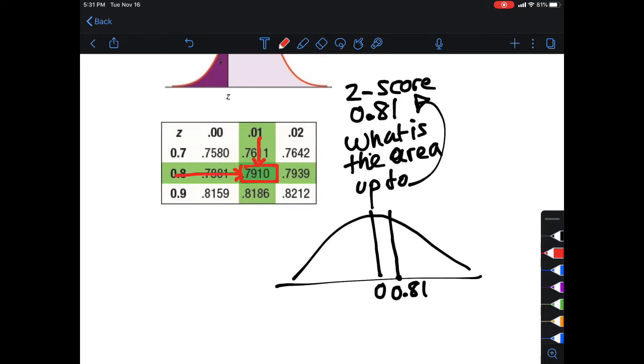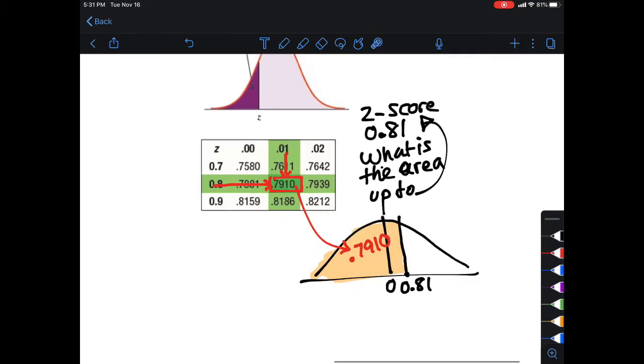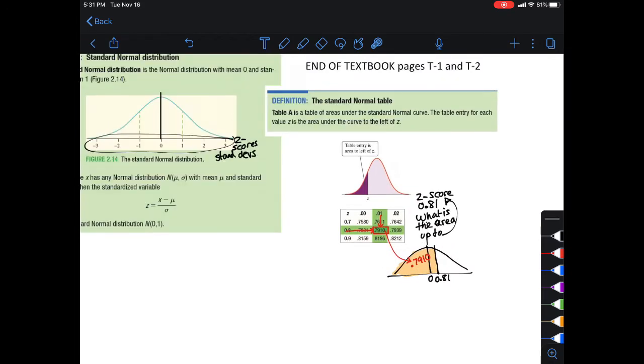This area here is 0.7910. Okay, and so this represents a percentage. So it's going to be 79.10% when we talk about it in the context of a story.